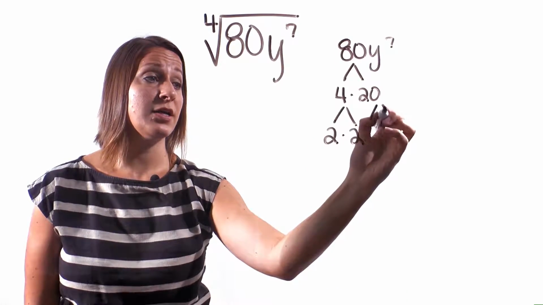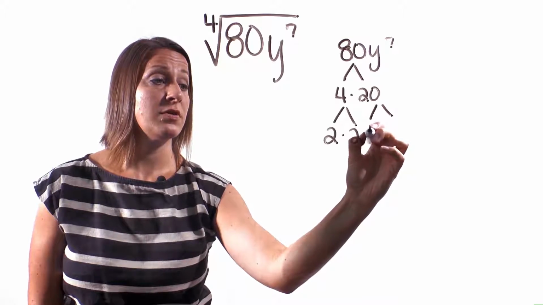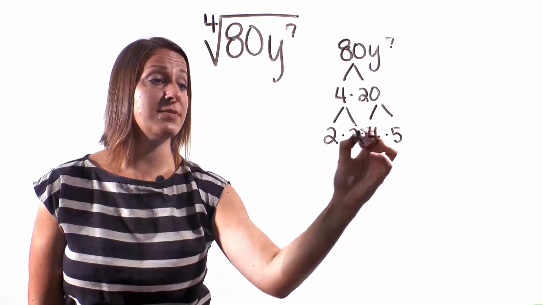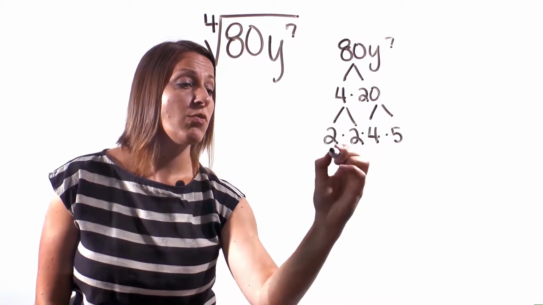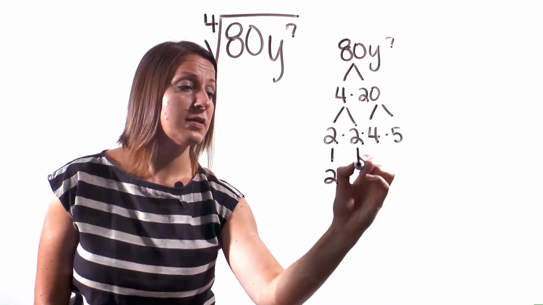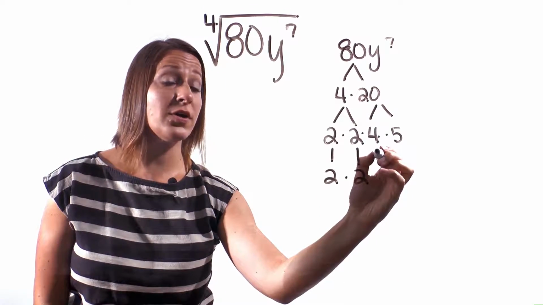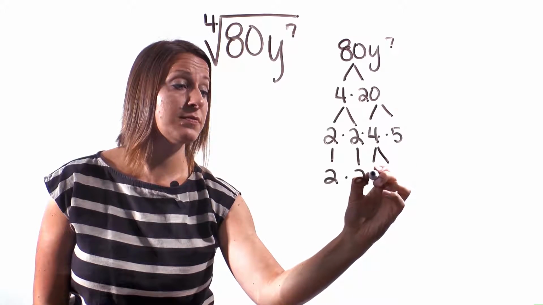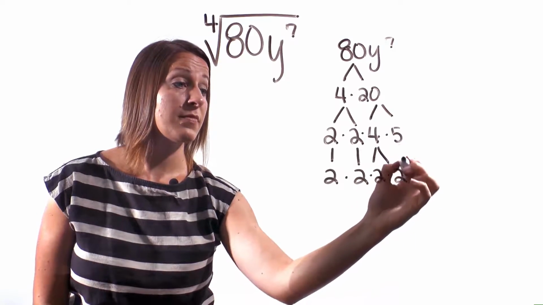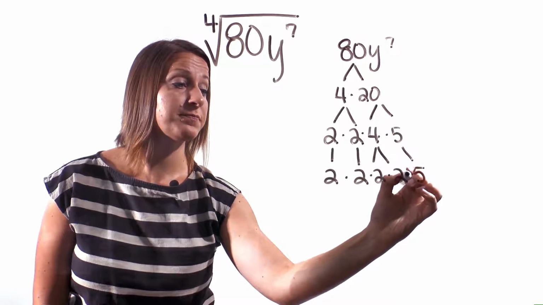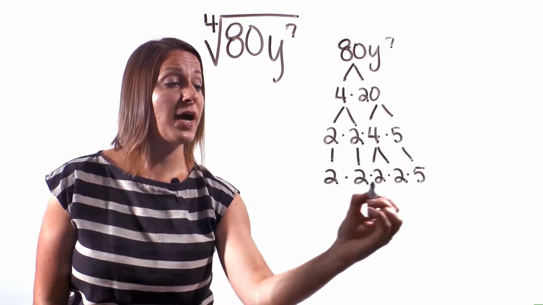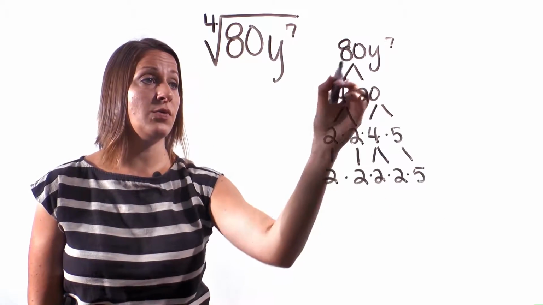And 20 breaks down to 4 times 5. We'll bring this 2 down and this 2. 4 gives us 2 more 2's. And then we'll bring down this 5. Remember, this bottom line needs to equal 80.